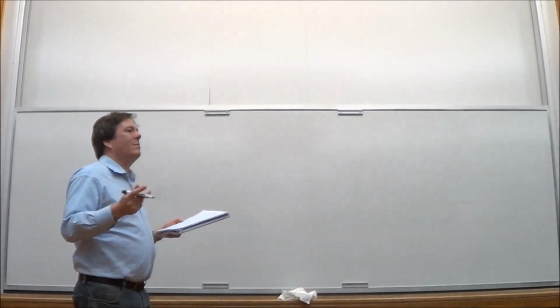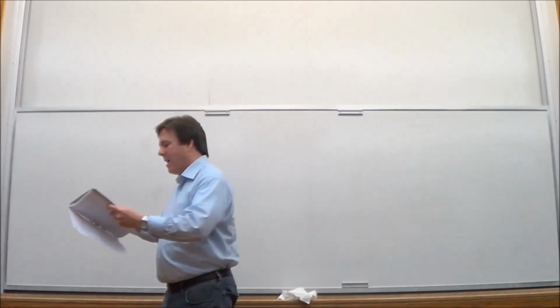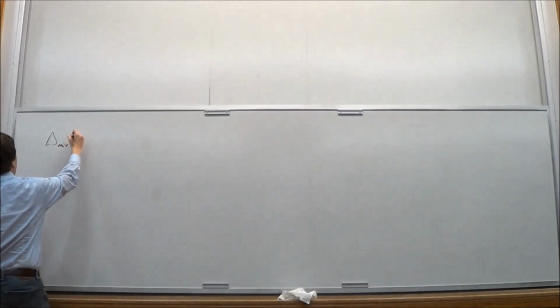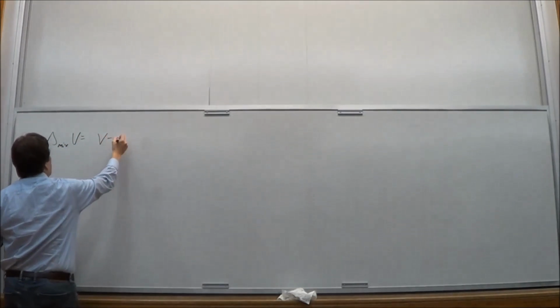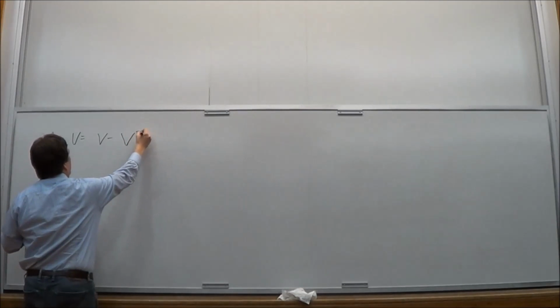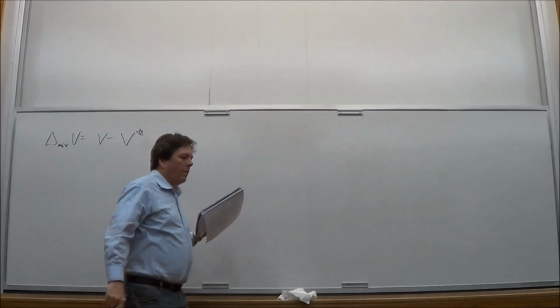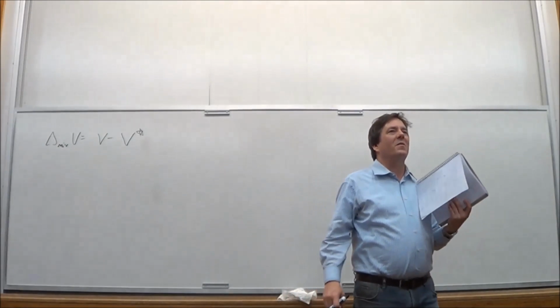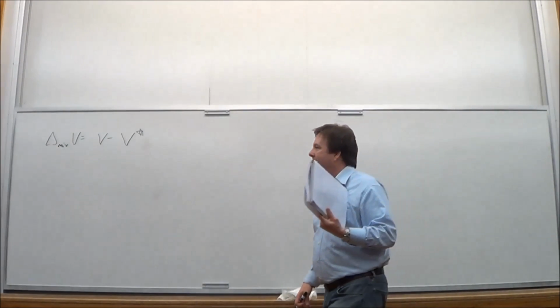Just to remind you, we're talking about liquid mixtures, and we talked about how there are these excess functions, and we started with volume, which would be the volume of a solution minus the sum of the volumes of the solutions before they were mixed.